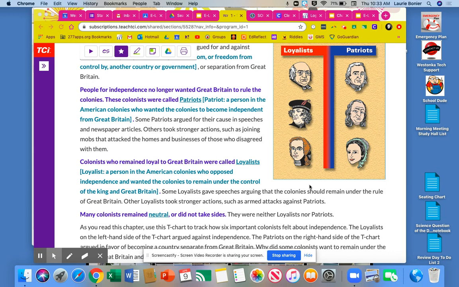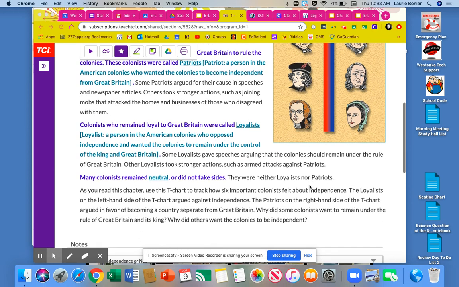Some would join in with actions of protest that were either positive actions of protest like boycotting, and other ones were more aggressive and physical, like attacking the homes and businesses of where colonists lived that disagreed with the patriot views.